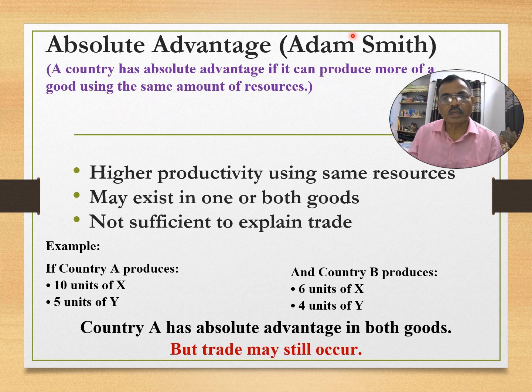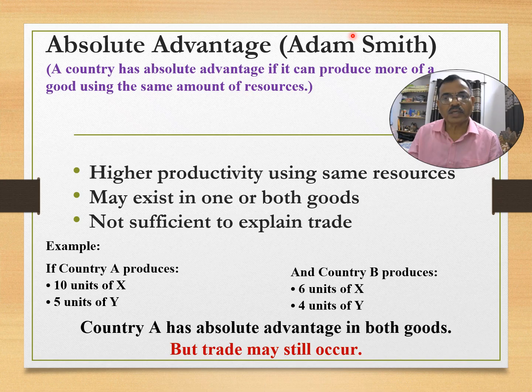Further, a country has absolute advantage if it can produce more of a good using the same resources compared to another country. That is absolute advantage, which was developed by Adam Smith.